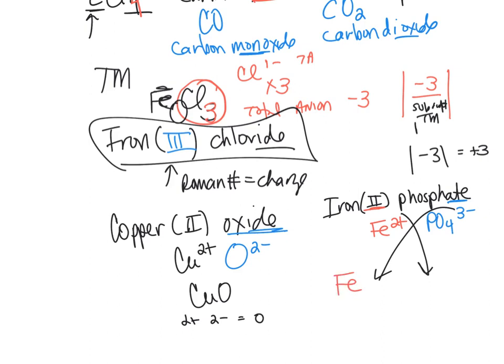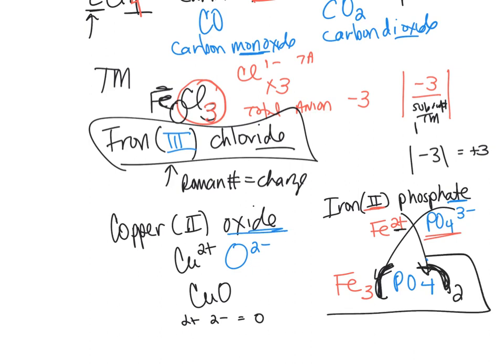So iron now becomes a 3, and phosphate is a 2, and this is a polyatomic, so now we need parentheses, folks. So you're going to put the parentheses, and then you're going to put the PO4 inside your parentheses, and then you're going to put the 2 on the outside of the parentheses.